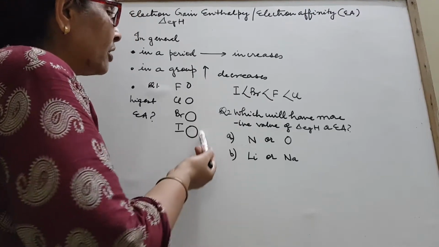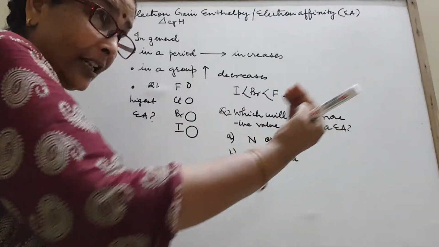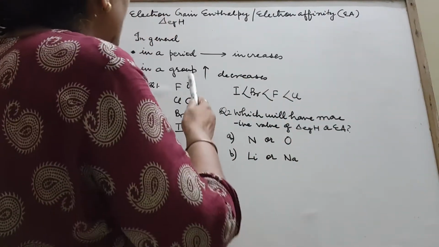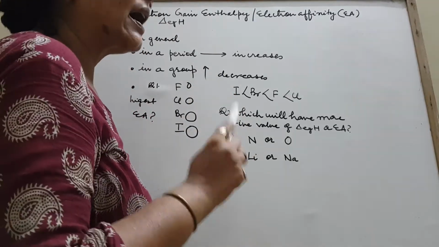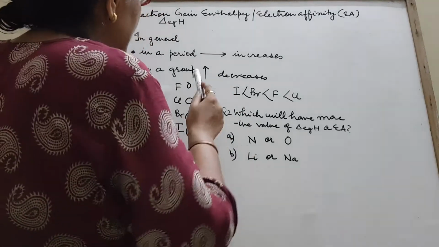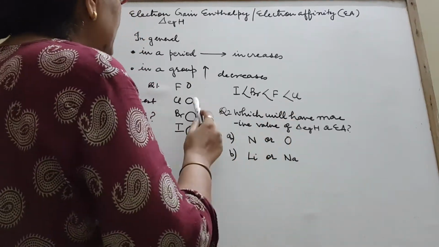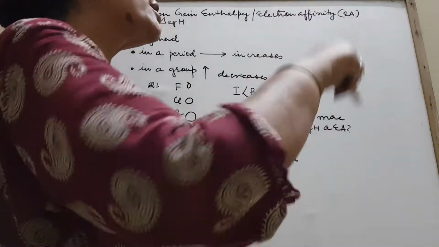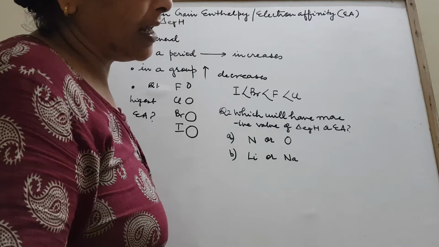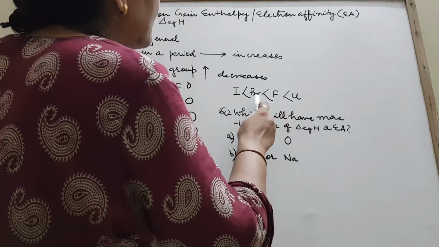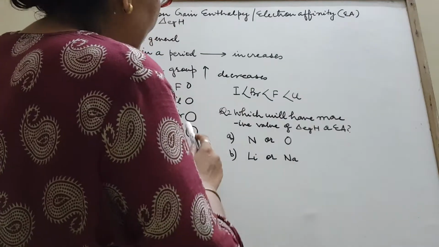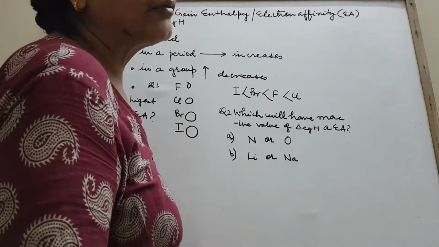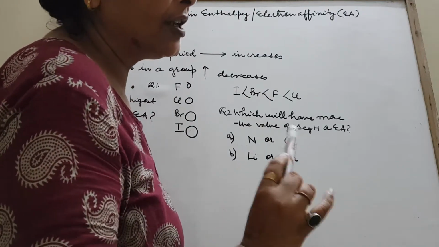So F, which was expected to have the highest value, comes number 2, and Cl comes on top. I repeat for the last time, F gets a lower value due to inter-electronic repulsions, which in turn are due to its extraordinarily small size. So Cl, F, Br and then I. So this is the trend. Cl has the highest value. In general, in a period, halogens have the highest electron affinity value.